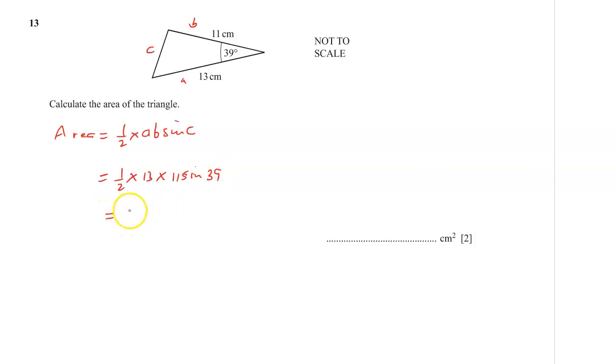When you work it out nicely with your calculator, you'll get 44.996. And remember the instruction on the first page: when it's not specified, you can give the answer to 3SF. So 3SF is 1, 2, 3.